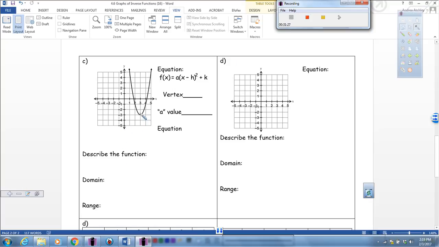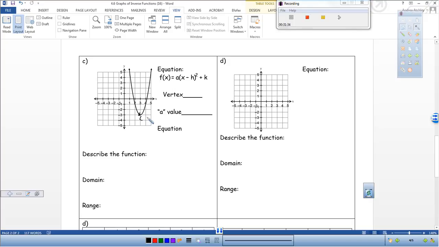Okay, so this point here is 3 for x and negative 3 for y. That is your vertex, 3 and negative 3. The a value should be up 2 and over 1, so your a value is 2.